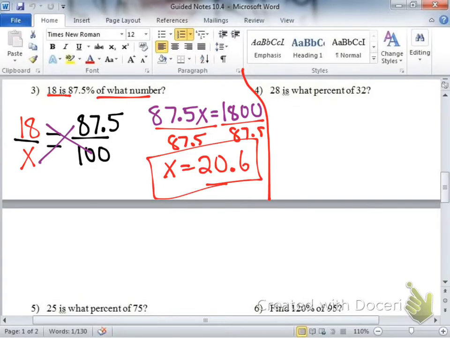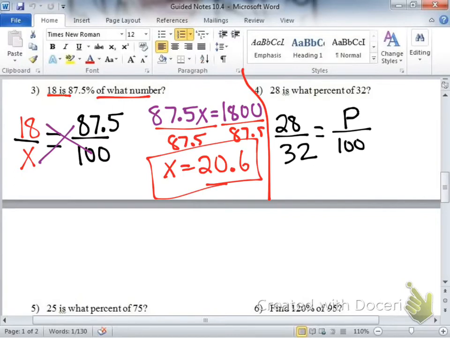All right, next, blank over blank equals blank over 100. 28 is what percent of 32? 28, top left. 32 goes where? Bottom left. I'm looking for the percent.